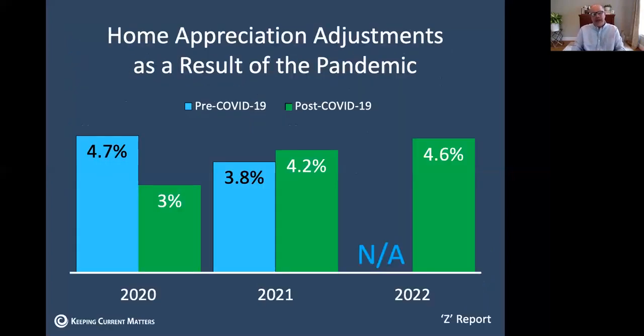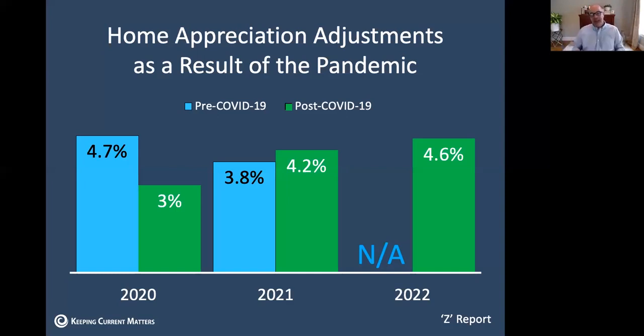We graphed that at KCM to really show the comparison of the Z Report's forecast prior to the pandemic and now during it. What we see in 2020, originally they were calling for 4.7% appreciation of homes across this country. Today they're calling for about 3%. Next year in 2021, they originally started out saying about 3.8% appreciation, and they've adjusted that up to 4.2%.